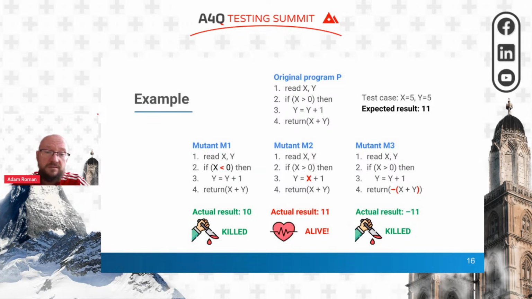So these are not equal to 11, so they are killed. We detected some problems. Our test case was able to detect these mutants. But for M2, the actual result is the same as the expected one. So our test case didn't detect anything wrong, because the actual result is as we expected. It's 11, as it should be.